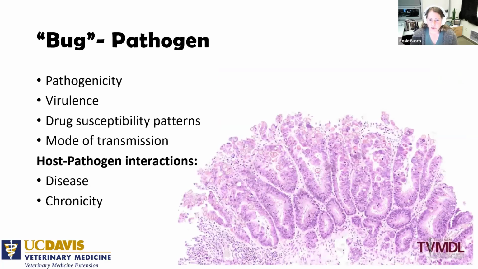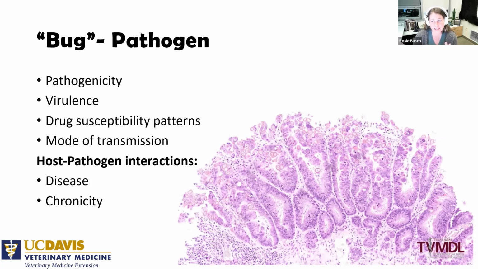Okay, so we kind of talked about this. There's pathogenicity, and that's basically how this organism causes disease. It is the genetic component of that organism. As we know, we all have bacteria everywhere, and they're not all bad bacteria, right? So the pathogenicity is what separates good bacteria from bad bacteria.